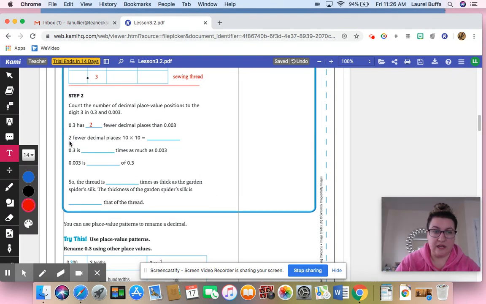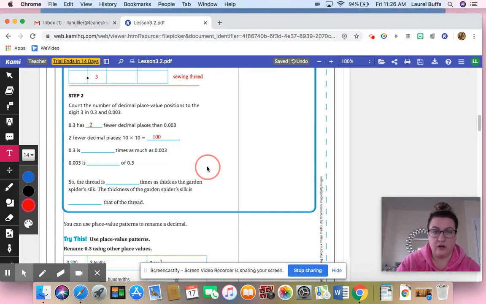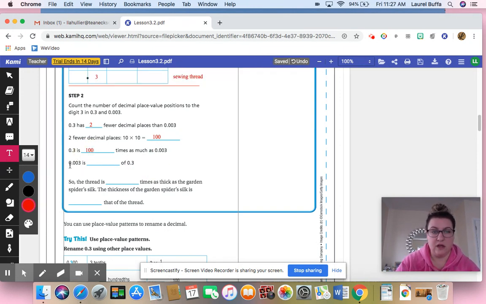And then it goes on to tell you 2 fewer decimal places can be represented by 10 times 10, which is 100. So 0.3 is blank times as much as 0.003. That would be 100 times. 0.003 is blank of 0.3.